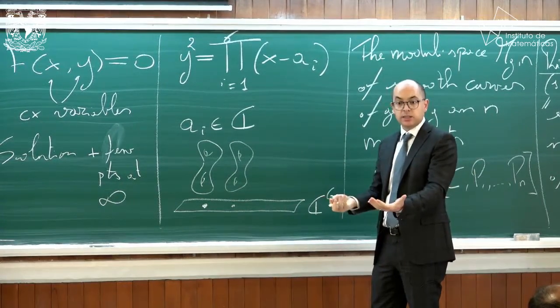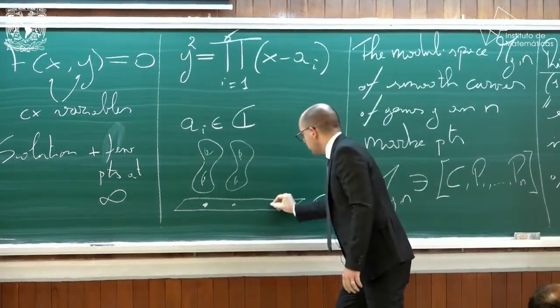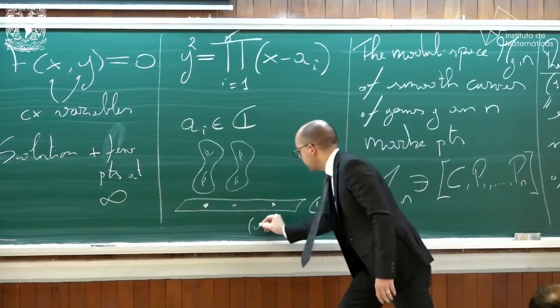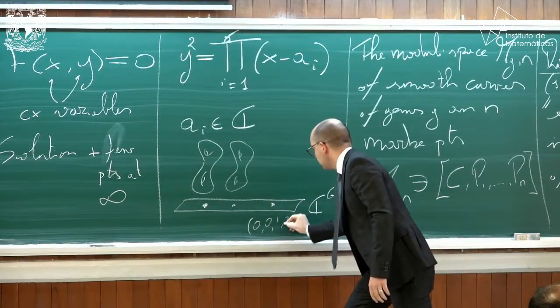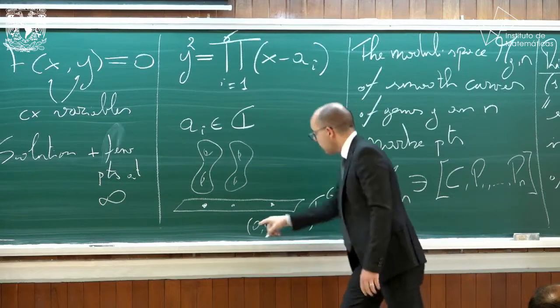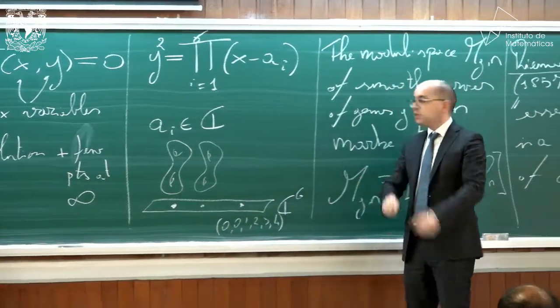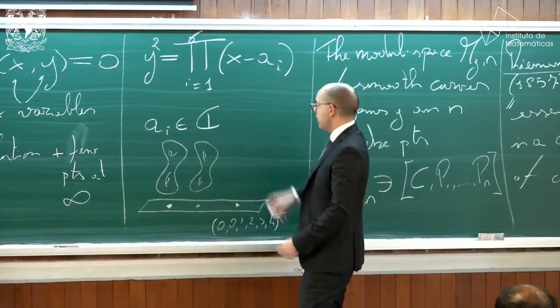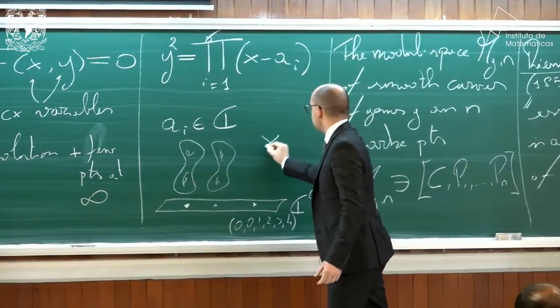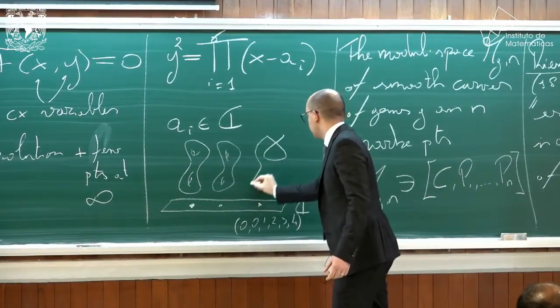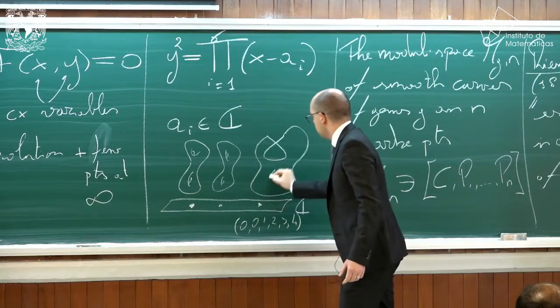We produce a singular surface. So let's look here, for instance, at the 6-tuple of numbers given by 0, 0, 1, 2, 3, 4. As the first two a_i's coincide, the solution set of the equation is a singular surface that can be represented, for instance, like this.